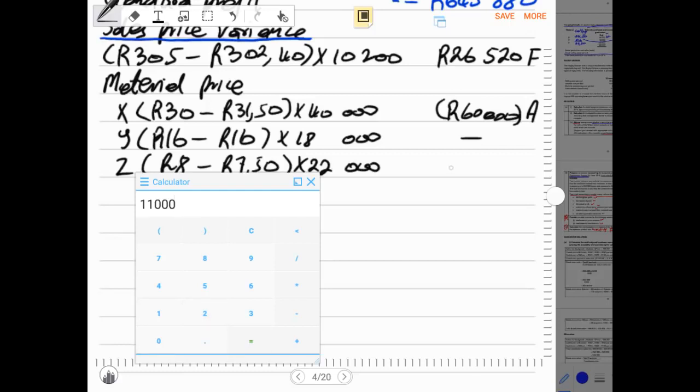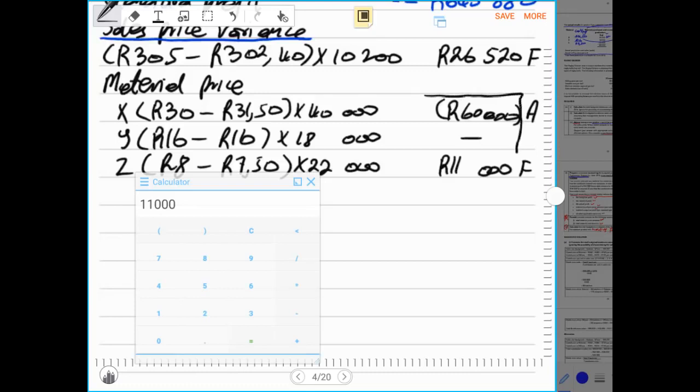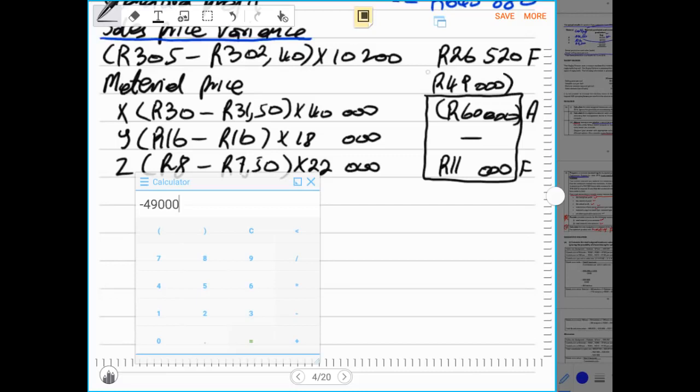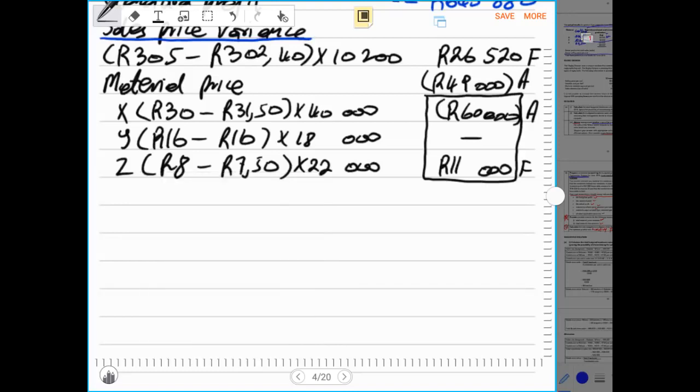This variance is favorable at the value of 11,000. Then you draw your line, whenever you add more than one figure. Minus 60,000, then we get to an unfavorable total variance of 49,000. This will be a negative, adverse variance. So that was material price variance.